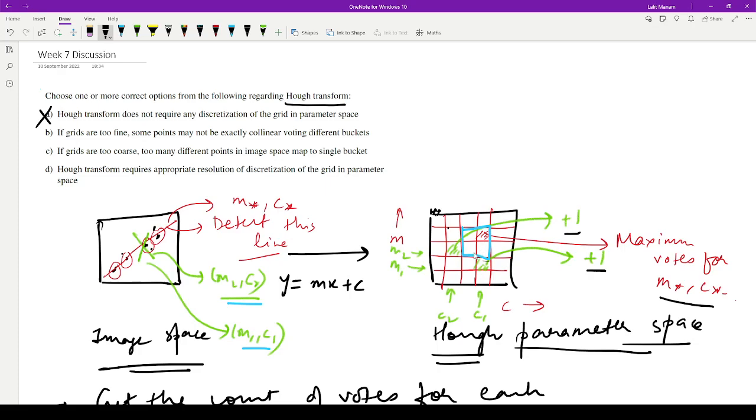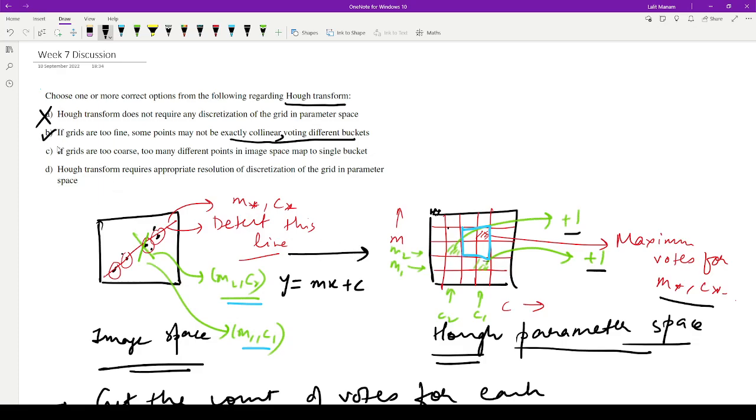So for a single block, what would you say? So this is true, right? If the grid is too fine, then there may not be exactly collinear voting. The points may not be exactly collinear, which means that they will vote in different buckets. So instead of a single block, you will get multiple blocks which are nearby.